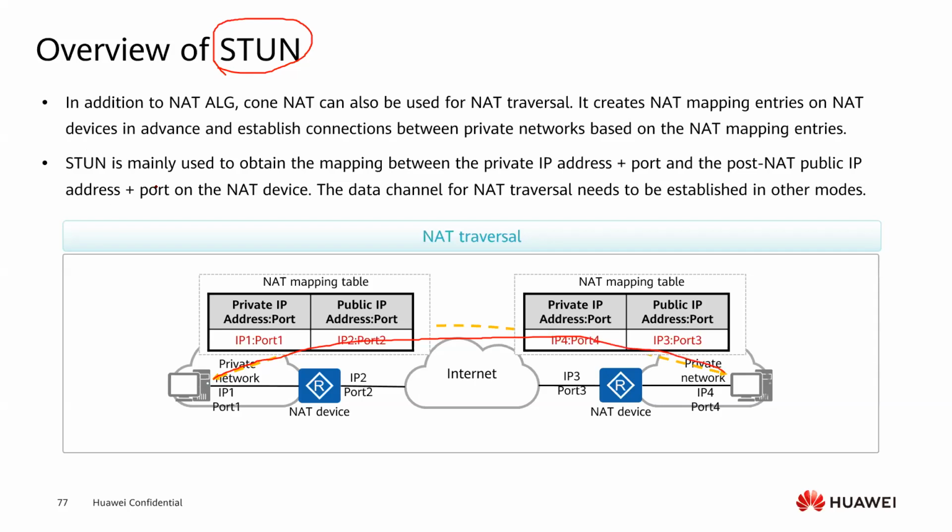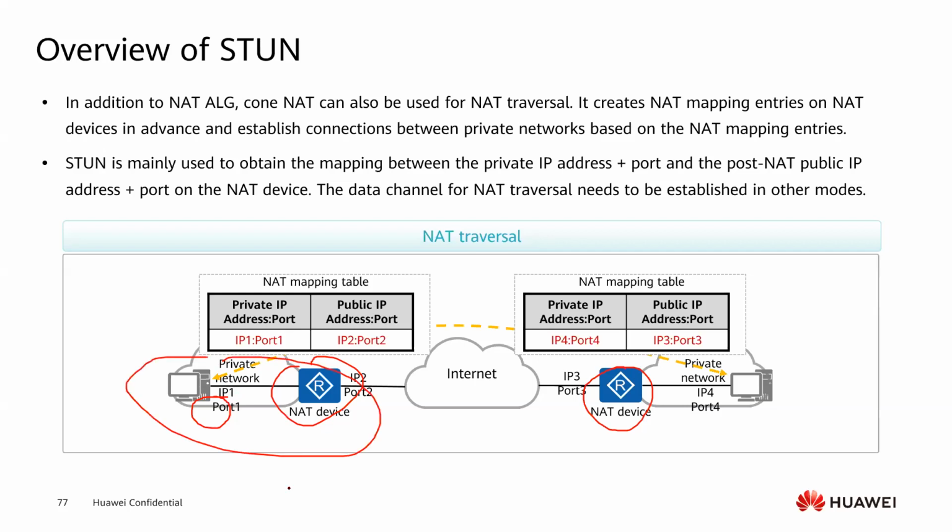STUN is just used to do the detection: to detect whether this device is behind a NAT server or not, and also to find out the source private IP and port, and public IP and port. This is what STUN wants to find out. After I know that information, there will be a very easy way to create a mapping table and allow them to pass.